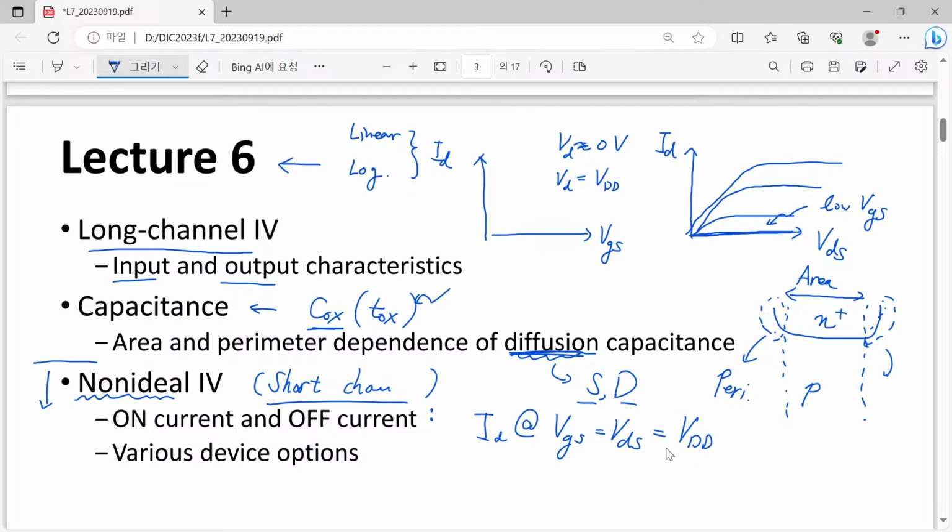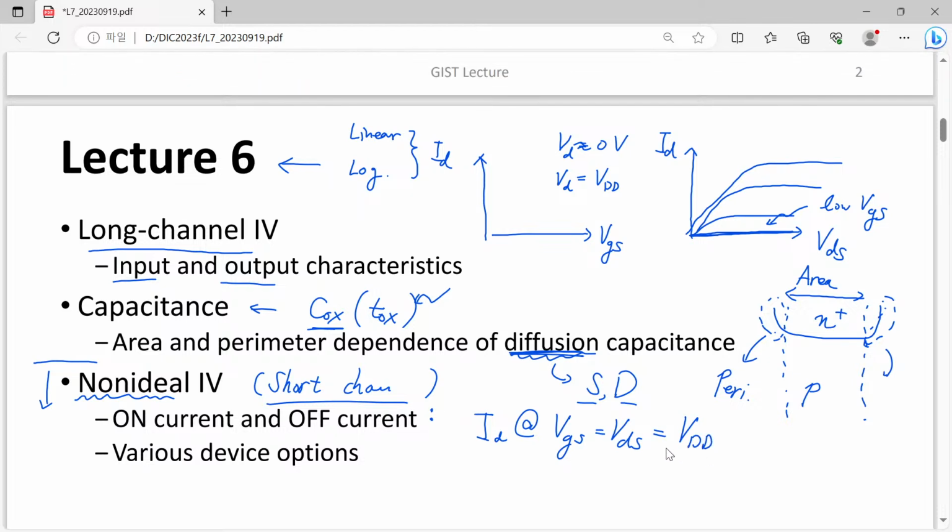This is the maximum current we can conduct inside this transistor, and this determines the speed of your system. If this ID is high, then when the capacitance is given, you can easily charge and discharge the capacitor. That's the reason why you can have a high speed system.